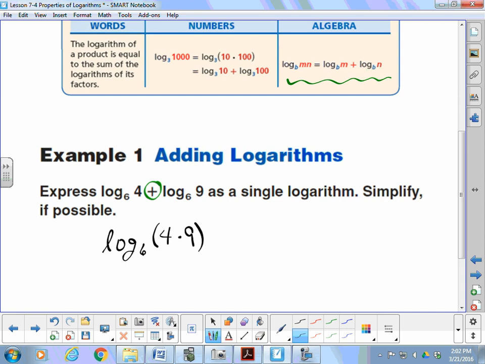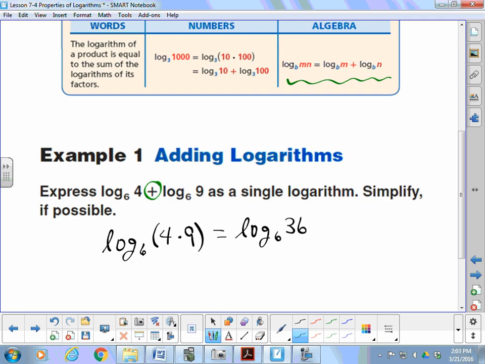So since we're adding two logarithms with the same base, we can rewrite that as a single logarithm with the same base and those two numbers 4 and 9 multiplied together. So this would be the log base 6 of 4 times 9 is 36.